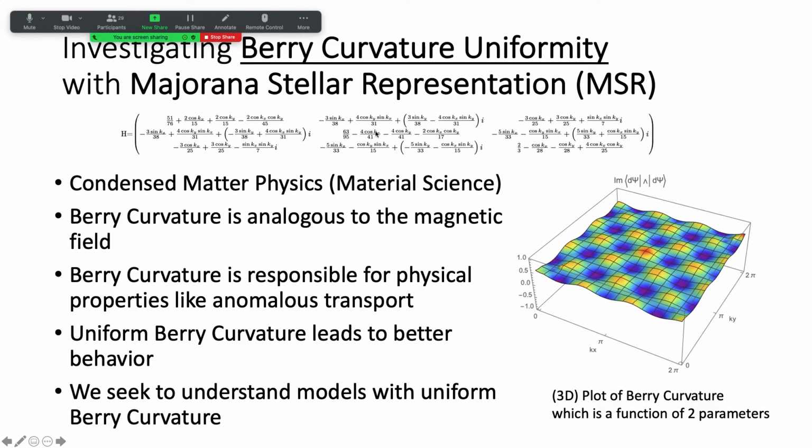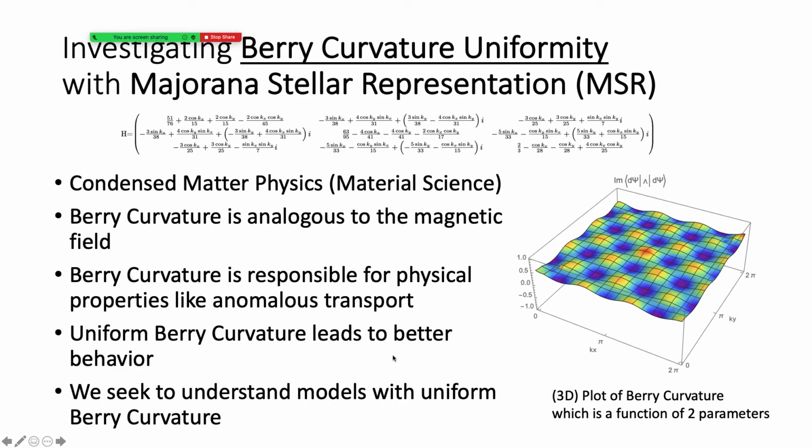Okay, so first of all, these solid state models, which are like semiconductor lattices in solid state physics, my mentor is using as an analog. It's analogous to the fractional quantum Hall effect.